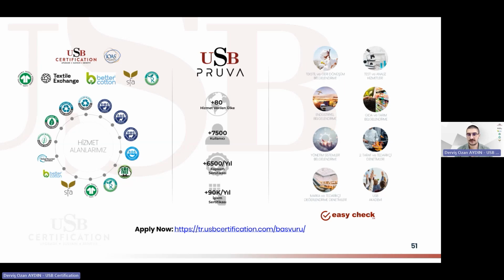For these programs, not just GOTS and Textile Exchange programs actually, USB certifications conduct their operations under textile and recycling, analyzing and testing, industrial certification and management system operations, brand and supply chain consideration audits, the academy of USB, and second party audits, with also farm and food certification operations done under USB certification.